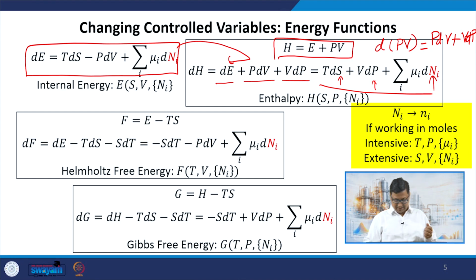That means I can prepare systems which are at different pressures. Maybe 1 atmosphere, 2 atmosphere, 5 atmosphere. In the previous case of the isolated system, the volume was fixed and volume was determining the pressure. Now pressure is fixed, pressure is controlled for the system and volume is found as a function of pressure.